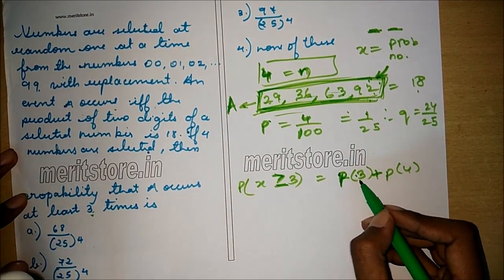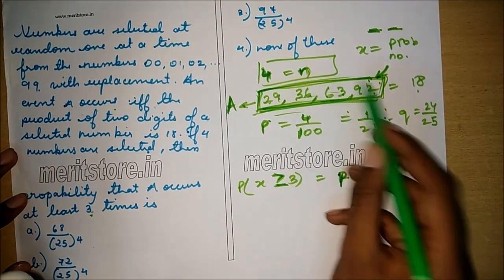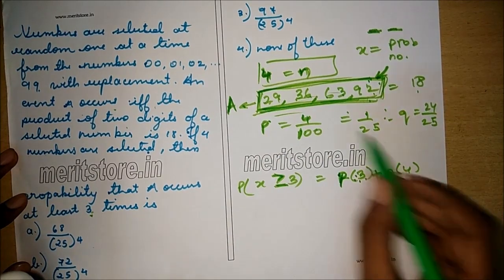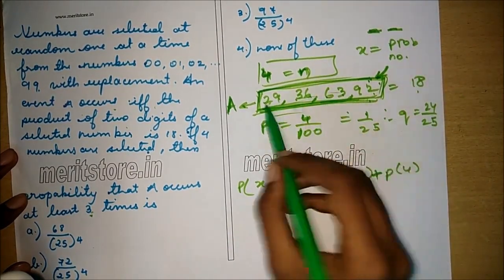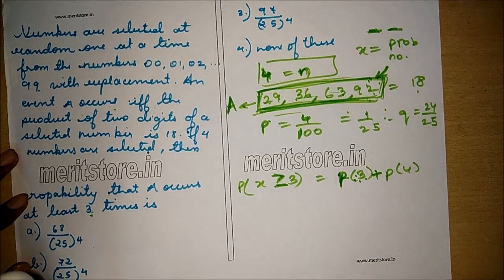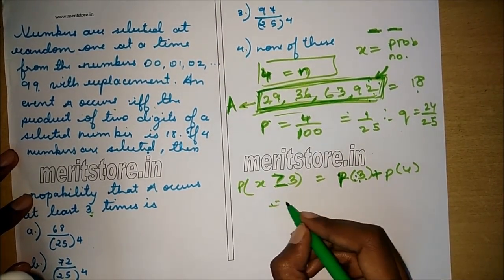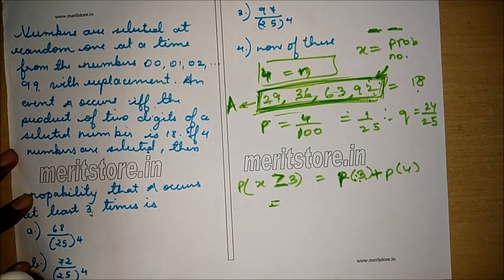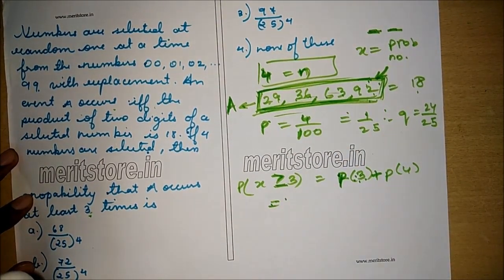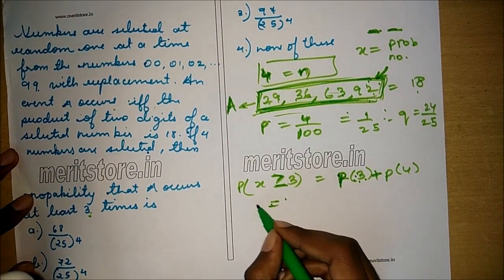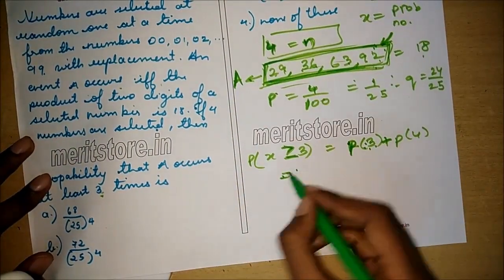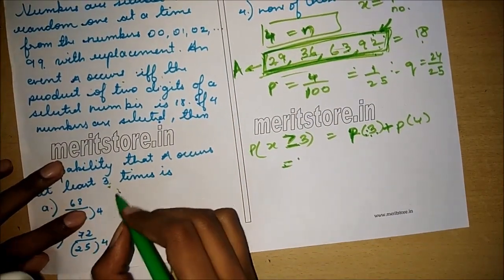That is, a number out of these 4 will be selected thrice, or all the 4 numbers will be from this group. So P of 3 will be, now first we'll find the basic probability, that is the general probability.